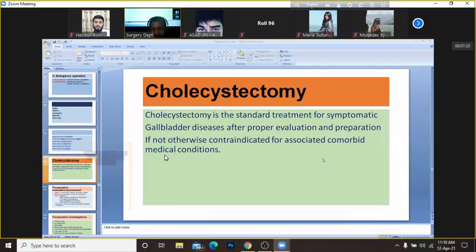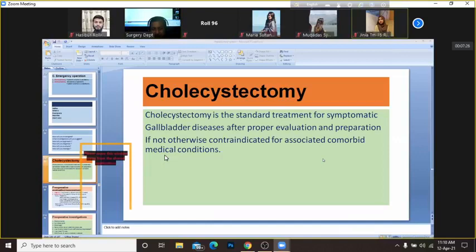Suppose there is a stone in the urinary bladder, we open the urinary bladder and then we close it. So this is called cystolithotomy or cystotomy. So ectomy means excision and removal of that particular organ. Otomy means to open the luminal organ and to close it after dealing with the interior.